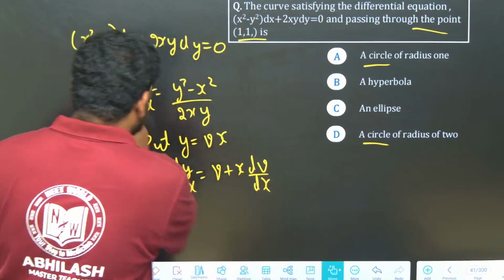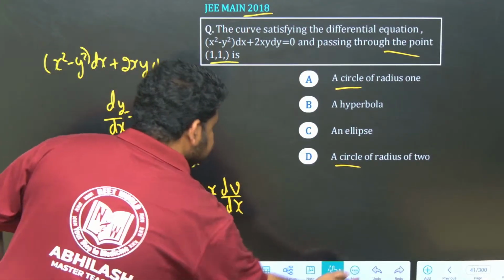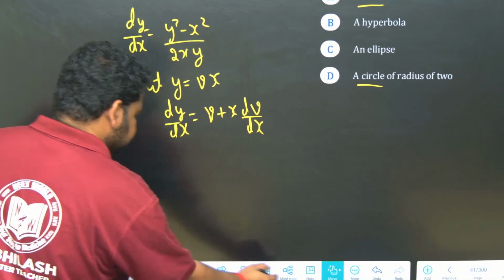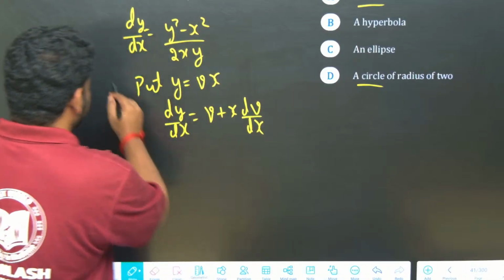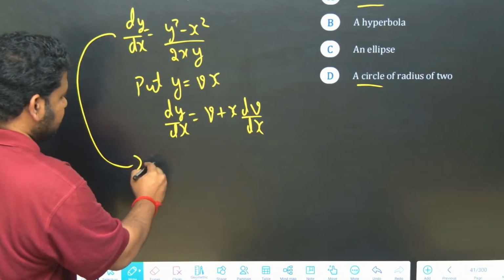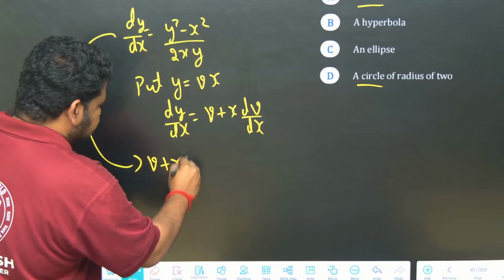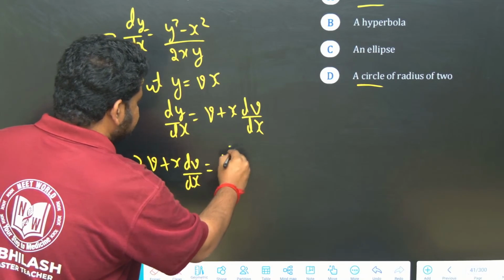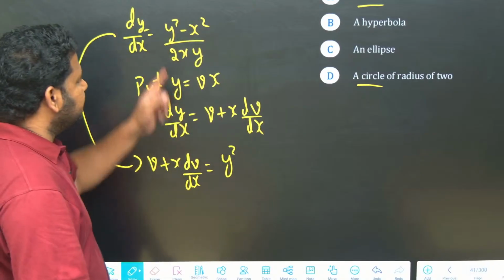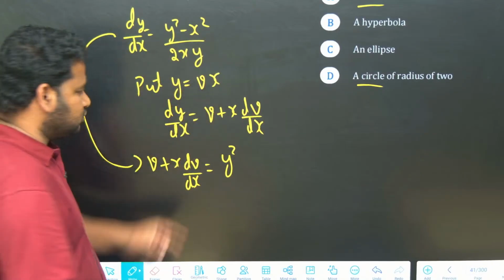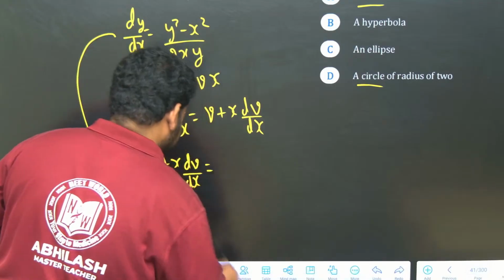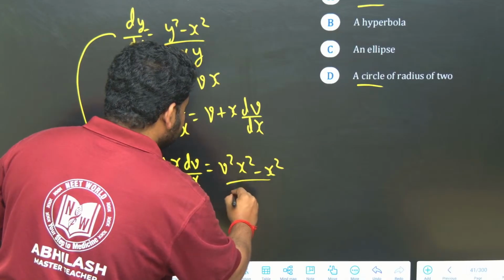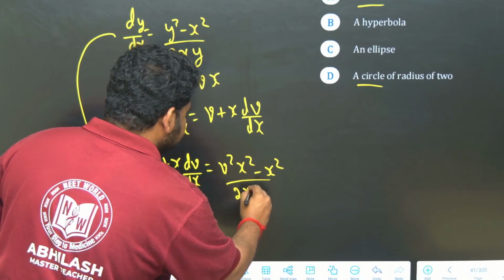Now this entire equation will transform into v plus x into dv by dx is equal to y square minus x square, but wherever y is there, I have to put vx. So this will become v square x square minus x square divided by 2 into x into v, since y is vx.